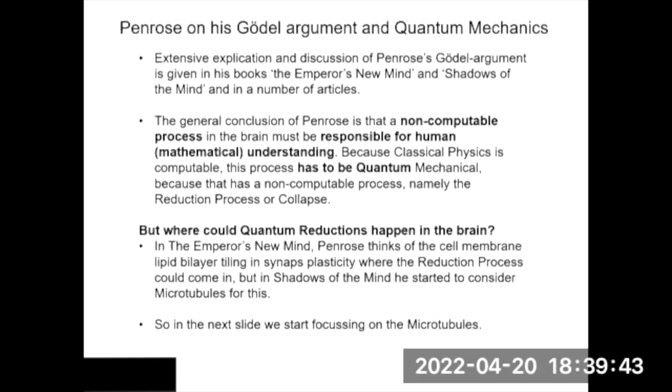So that means that quantum mechanics is necessary. And then where could we find it? And the idea was, in Shadows of the Mind, that you find that in microtubules.